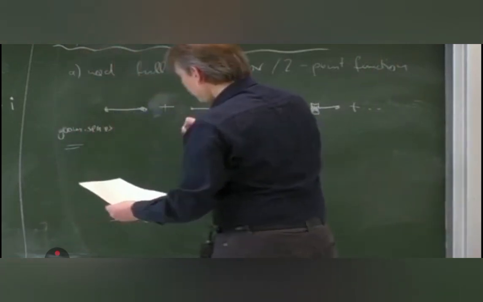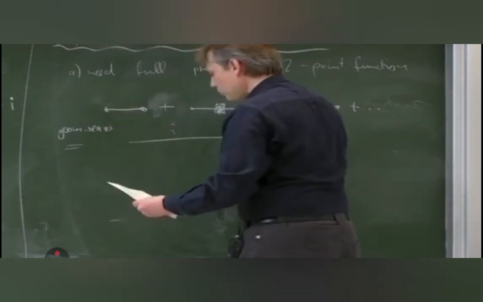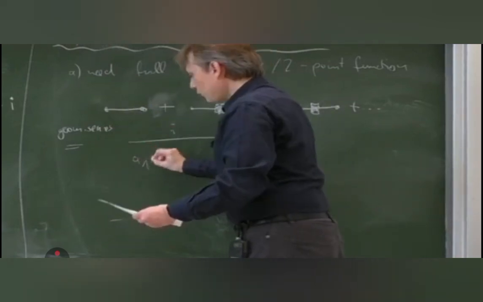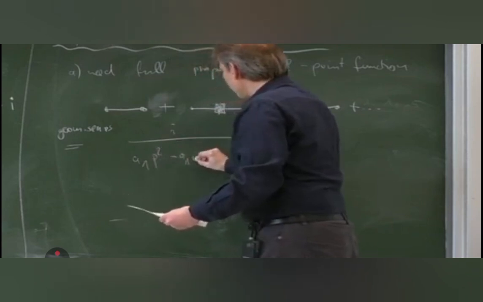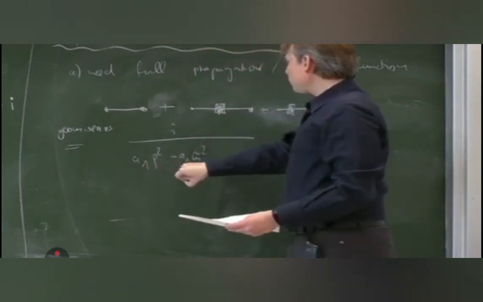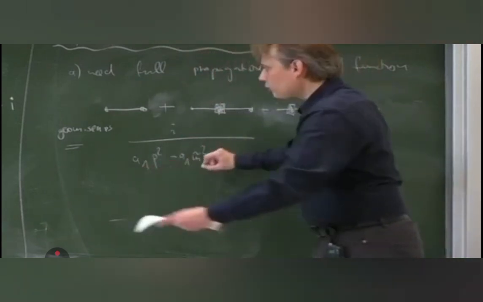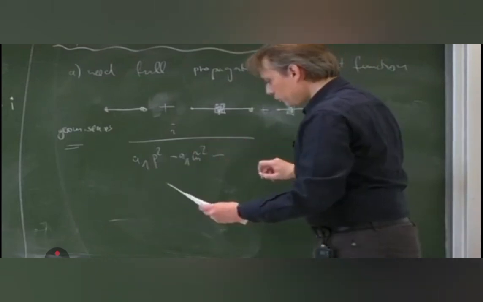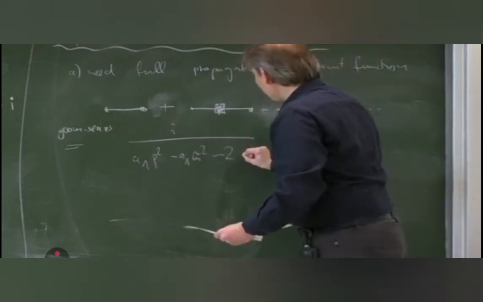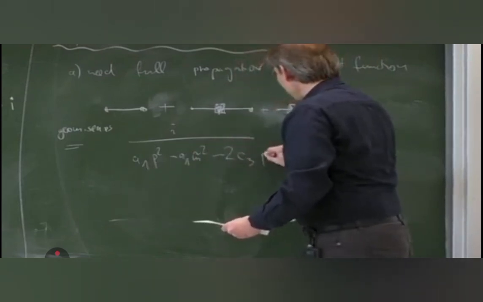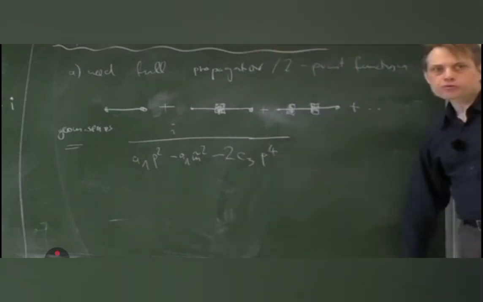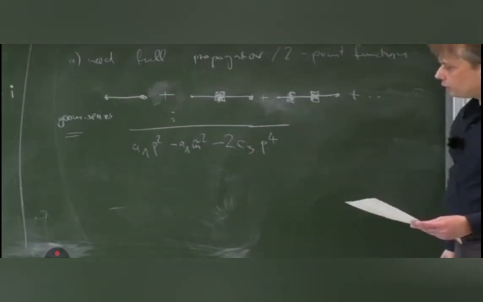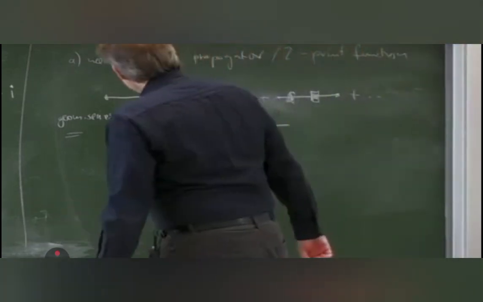And in the notes you can see it in more detail, and the result is simply this structure: the original propagator, a1 p squared minus a1 m tilde squared, and then the Feynman rule here goes into the denominator, minus 2c3 p to the fourth. So we have this structure in our propagator.